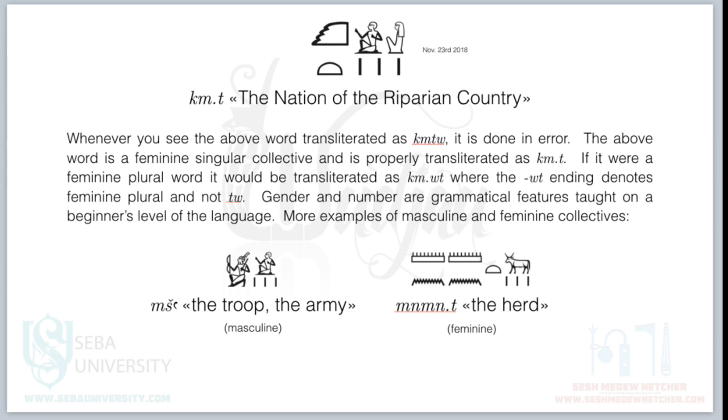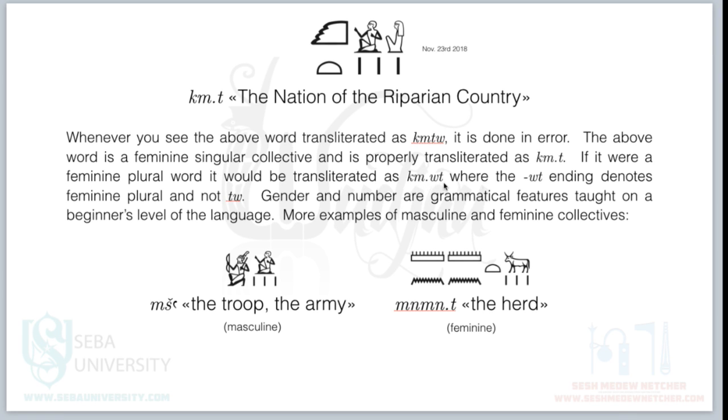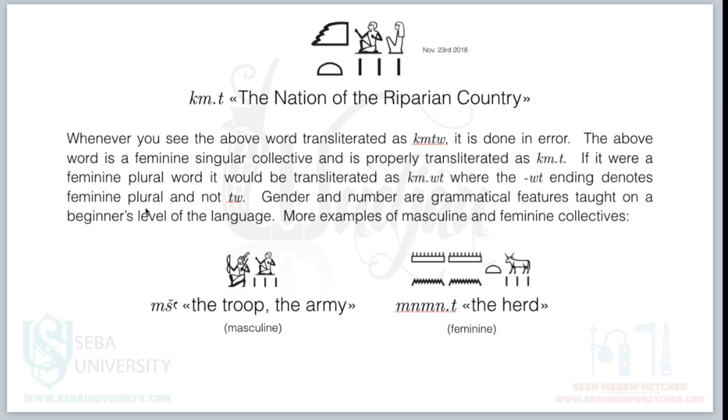So when I posted this here, where it says whenever you see the above word transliterated as Kim2, it's done in error. The above word is a feminine singular, so it's not even plural at all. But if it were a feminine plural, it would be transliterated as what? Kim wet, where the WT ending denotes feminine plural and not TW. Okay?